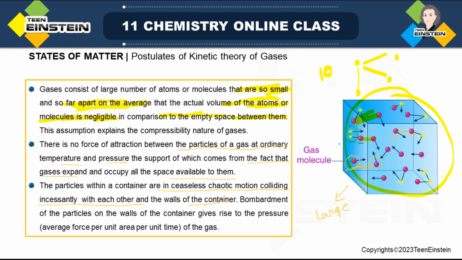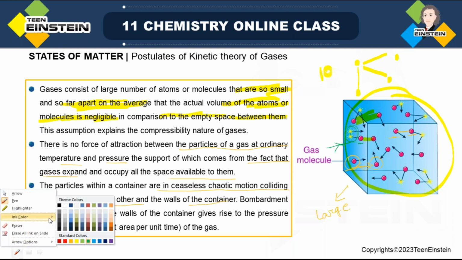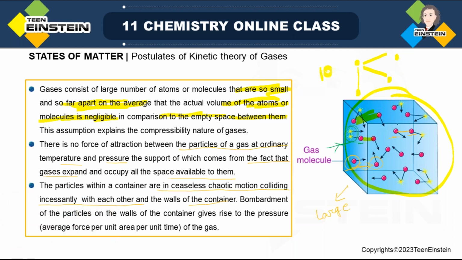This sign symbolizes that some collision is happening. Similarly, when it is colliding with another particle, that is another type of collision possible. So they can collide with each other and also with the walls of the container.